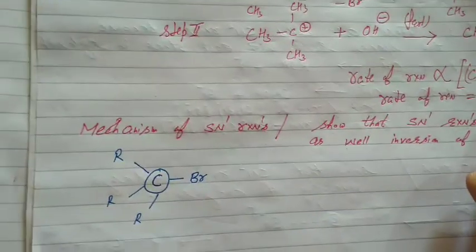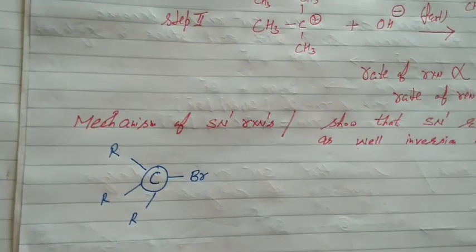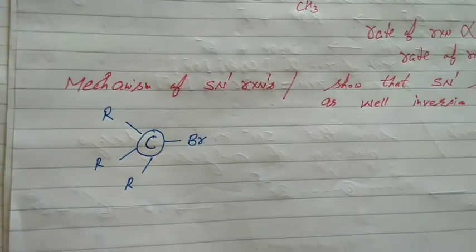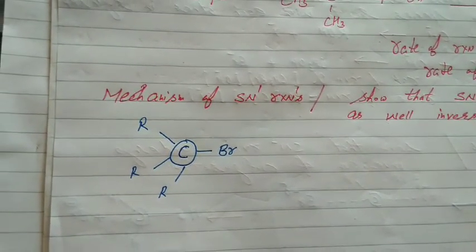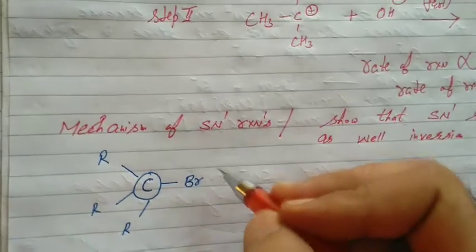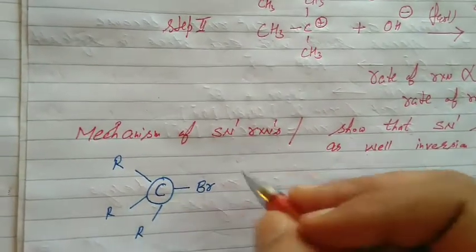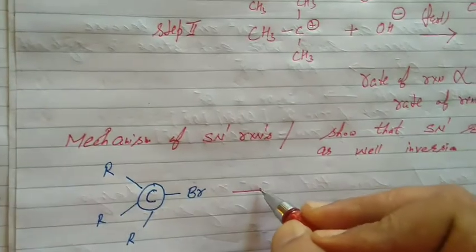Now please come here again, that is 3 degree haloalkane, SN1 reactions. Why do we start from 3 degree haloalkane? It gives a stable tertiary carbocation. Students, we will start from it. The alpha carbon is shown with the help of a circle. What will happen in it?